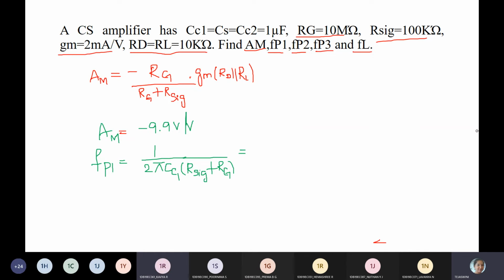Manjunath? Manoj, what was the answer? Did you get 9.9? Yes, ma'am. Okay, show me how we are doing FP1.